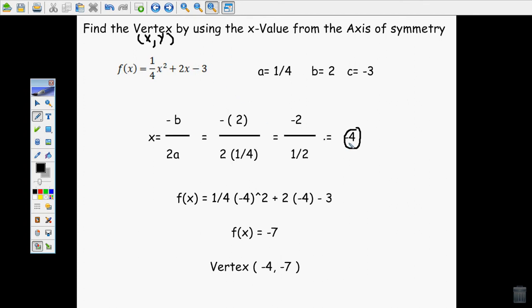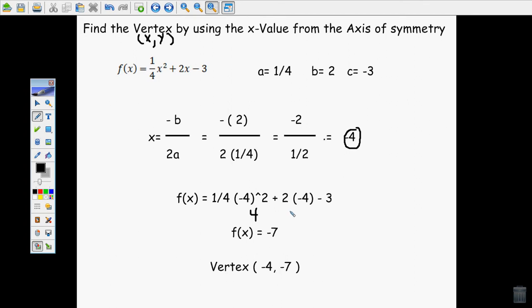Once we found the axis of symmetry, that x was equal to negative 4. Now we take that negative 4 and plug it back in for x right here, and for x right here. And they've shown you the work. 1/4 times negative 4 to the second power. Now when you raise the negative 4 to the second power, it's negative 4 times negative 4, which is 16, times 1/4 would just be 4.